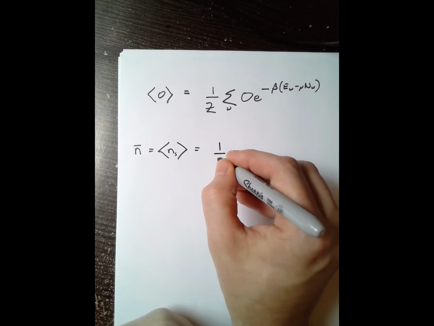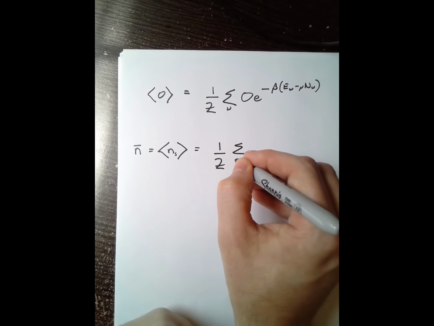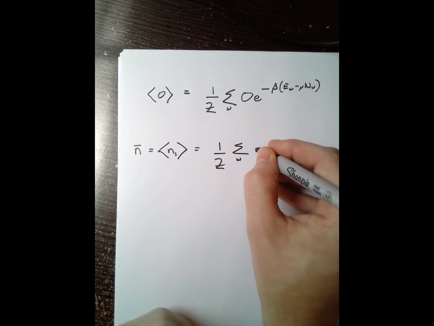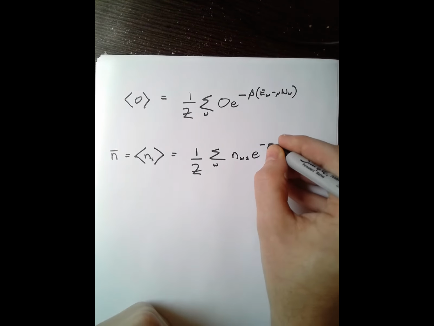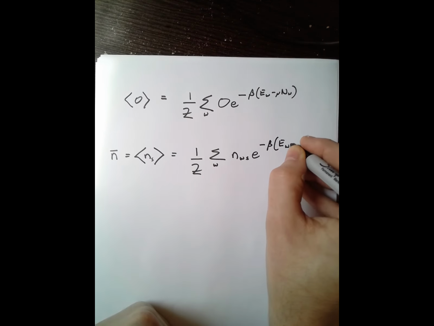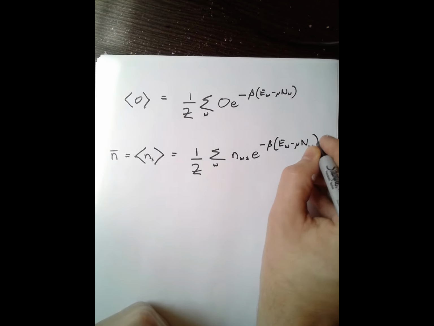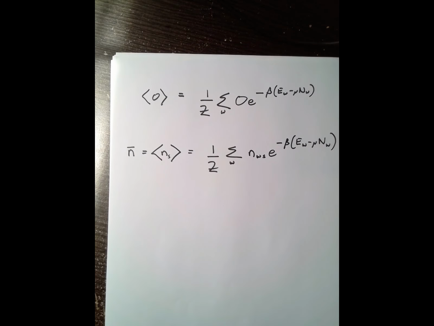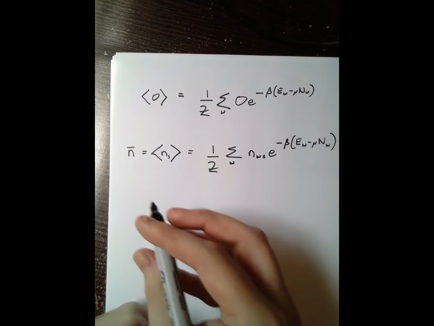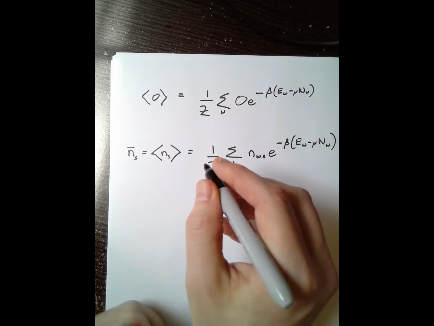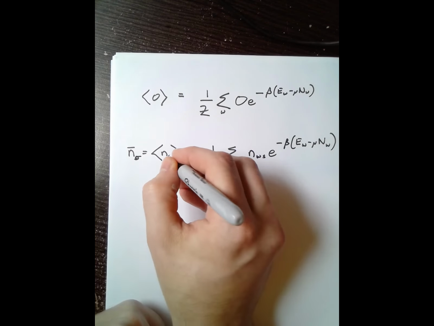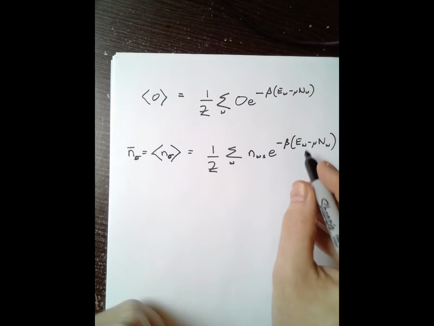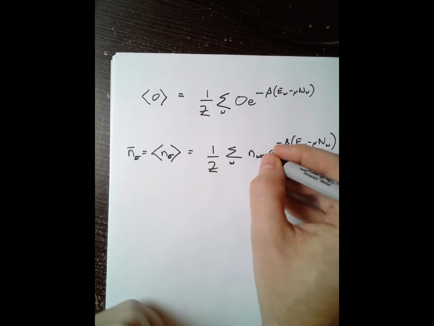So this is 1 over z times the sum over w of nw sigma times these occupation probabilities. Let's call this, actually, I'm going to call it little sigma, because I don't want to repeat any labels.